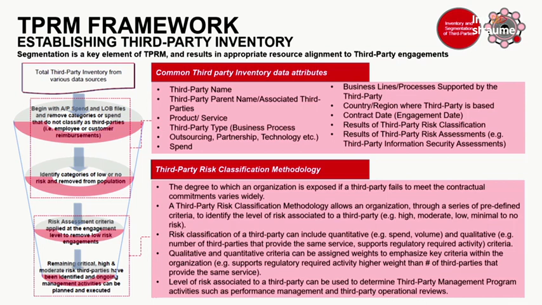Then begin with this, and then you remove categories with low spend. For example, systems or vendors that you do not spend too much money on would mostly entail low-risk vendors.